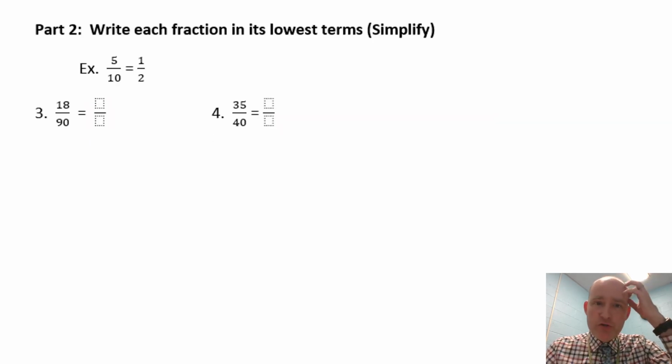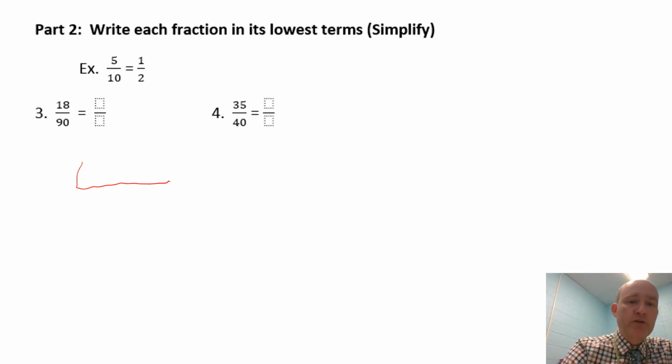So the first two questions ask you to put it in its lowest form. And I always suggest that when we do this, we see if the smaller number evenly divides into the big one. So we're going to go ahead and factor first. Does 18 fit into 90? Well, I know 18 divided by 18 is 1.